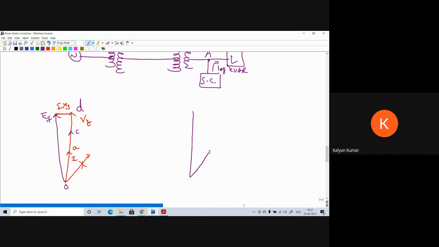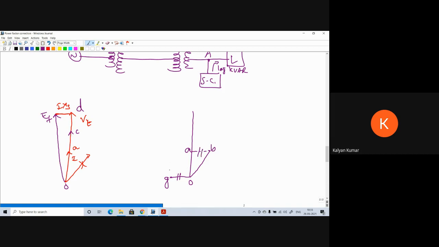So what is happening here is, initially reactive power of AB is required by the load and it is supplied from the source. Now we are connecting a synchronous condenser which will give a reactive power OG as a leading kVAR. This leading kVAR will cancel the lagging kVAR of the load.